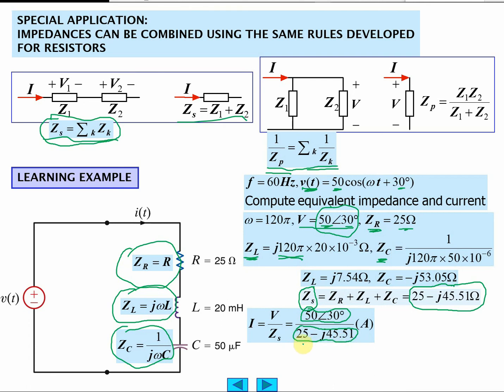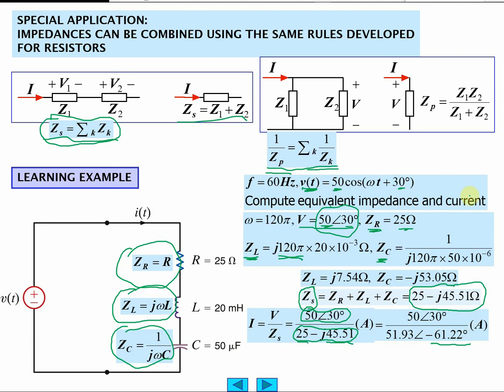The tangent of the angle would be 45.51 divided by 25, which is approximately, let's see, that's about 60 degrees, and it'd be negative. There we go, negative 61.2. My head's not as good a calculator as a real calculator.